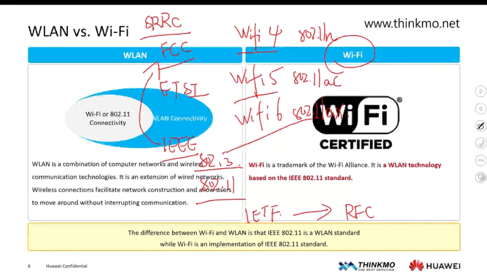The most relevant RFC documents in wireless communication are RFC 5415. It defines the CAPWAP protocol. That is, the control and provisioning of wireless access points. This protocol is used for the management and control of wireless network devices.